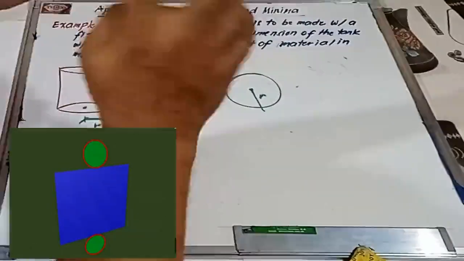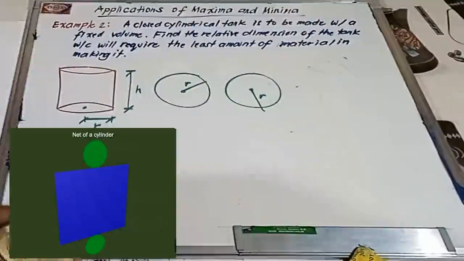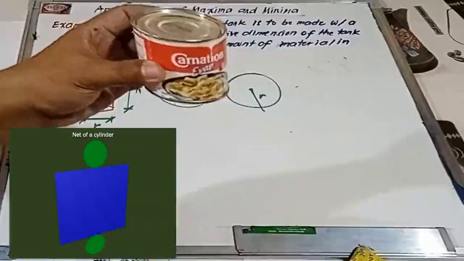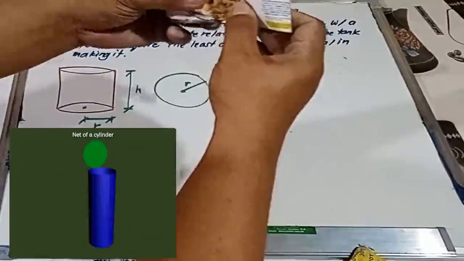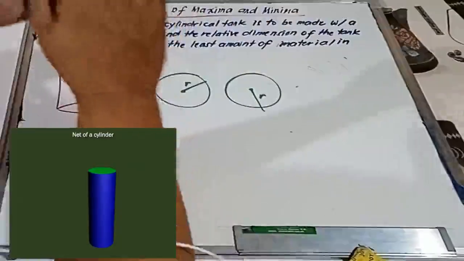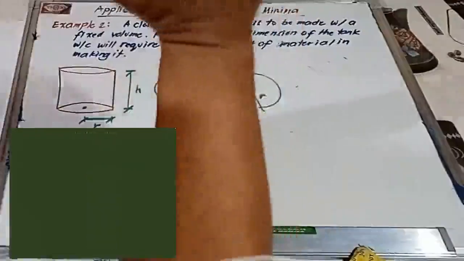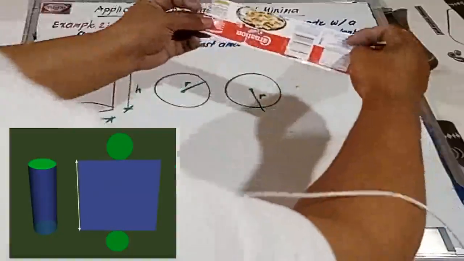Paano yung gilid? Yung gilid niya, pag tinanggal mo to, tanggalin ko ha. Okay, ito. So, ito yun. Pag tinanggal natin yan, ito pa yung isang material natin kailangan. Ito yung gilid. Okay? So, actually, siya ay rectangular. Okay?